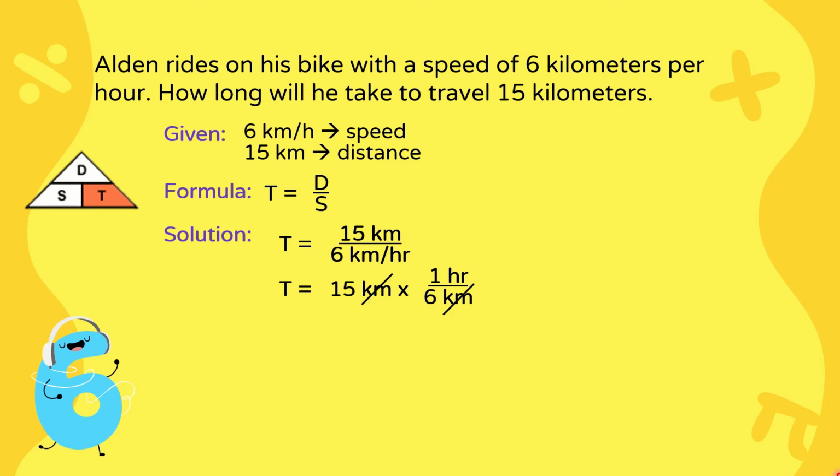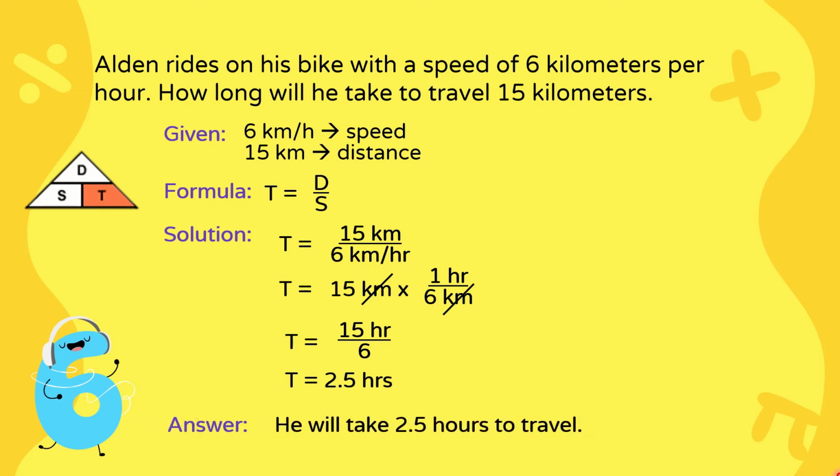Since we have 1 as a denominator of 15, 1 times 6 is 6. So 15 divided by 6 is 2.5 hours. So therefore, Alden will take 2 and 5/10 hours to travel.